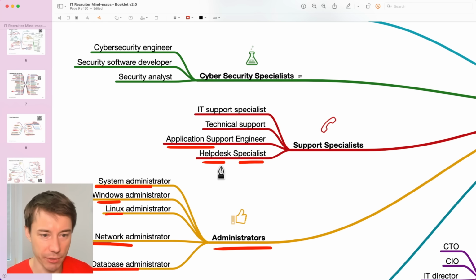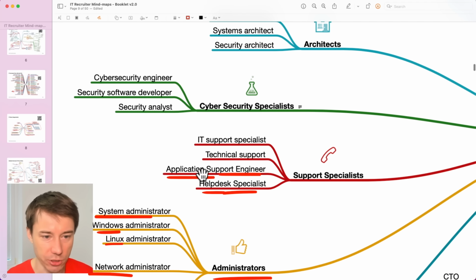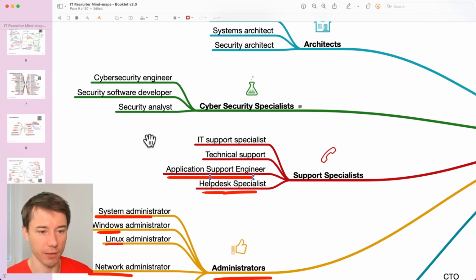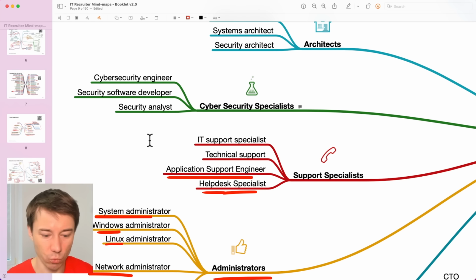So for example, the help desk specialist in some companies may be seen as someone who is on the phone trying to help employees when their computer doesn't work or the printer cannot be connected, etc. But the application support engineer could also be someone in a larger company who can help employees when some internal application doesn't work. So when their intranet doesn't work, for example.